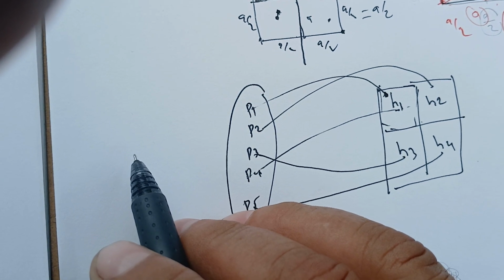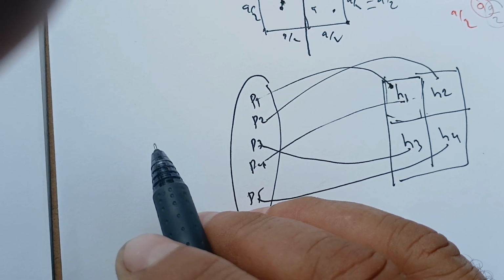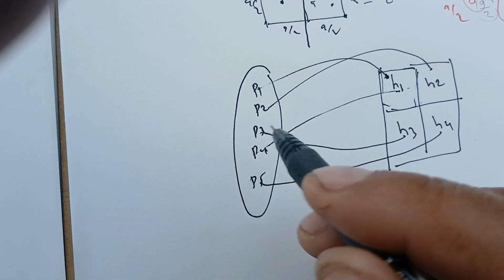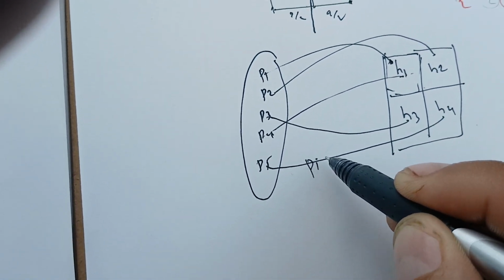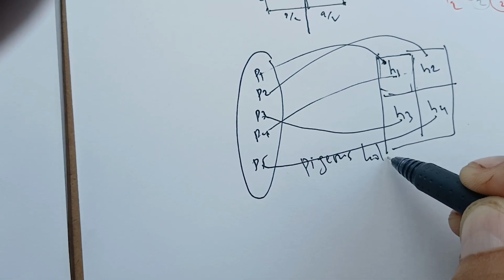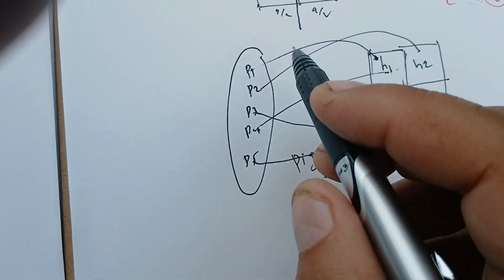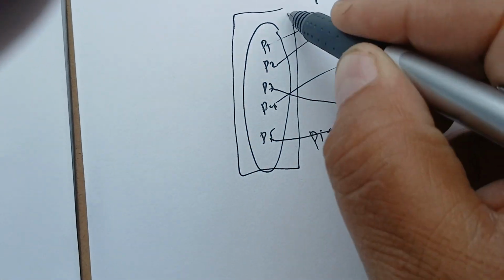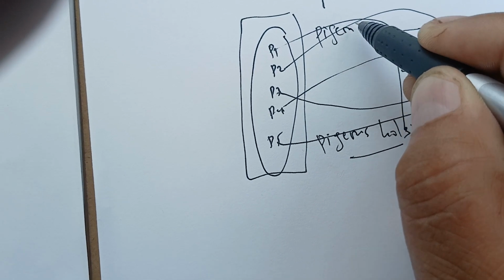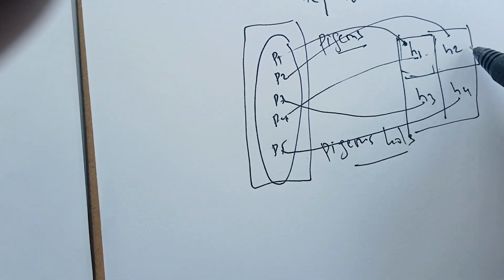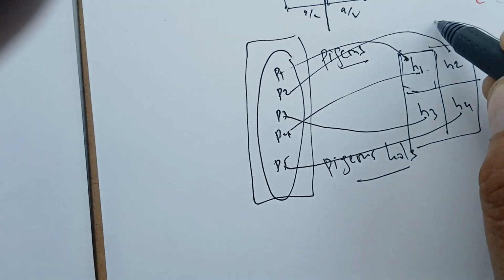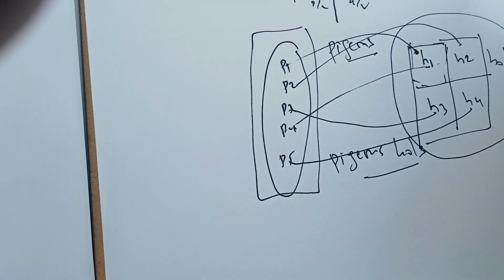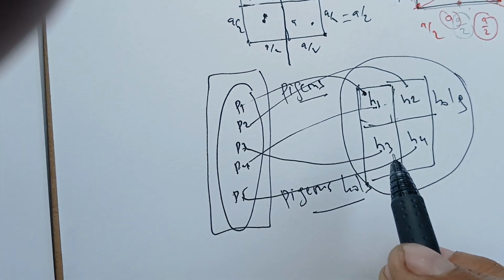So this is the pigeonhole principle. Basically, you need to find the pigeons and the holes. In our case, we are given the pigeons. We need to find the holes. That's why we had to construct the holes using the square.